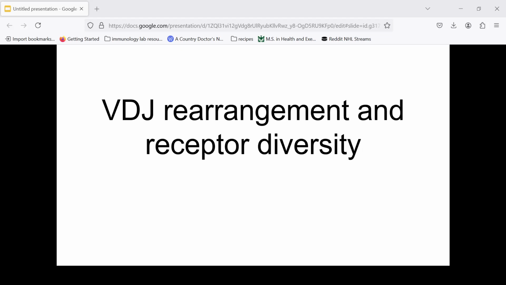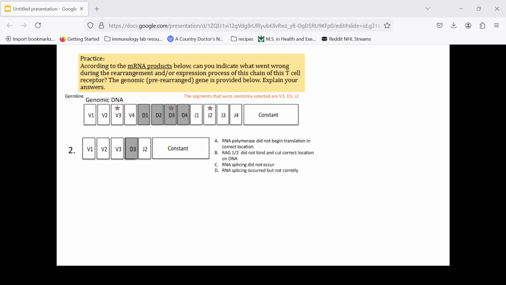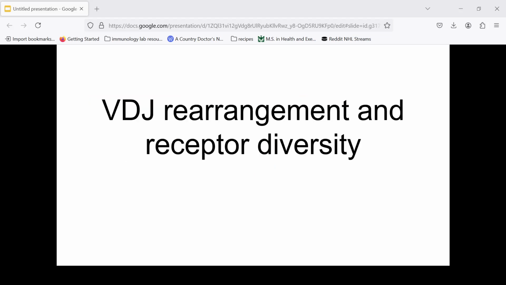Okay, VDJ. Actually, real quick, I'm just gonna go through the process really fast. We start out with our full DNA sequence, which is the same in every pre-T, every pre-B cell.